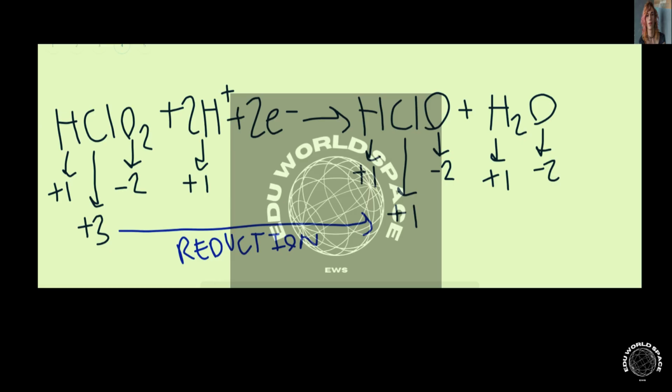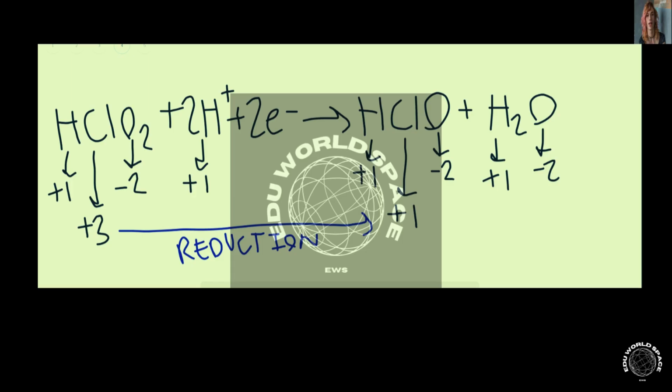Let's do the same thing for our other half reaction. So again, in HClO2, we have an oxidation state of +3. We don't need to go through that again. But let's go through HClO. So again, our proton takes an oxidation state of +1, and our oxygen takes an oxidation state of -2.